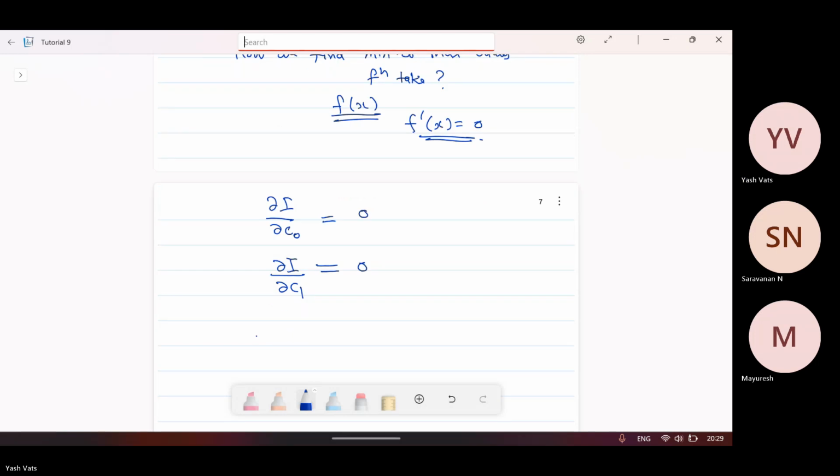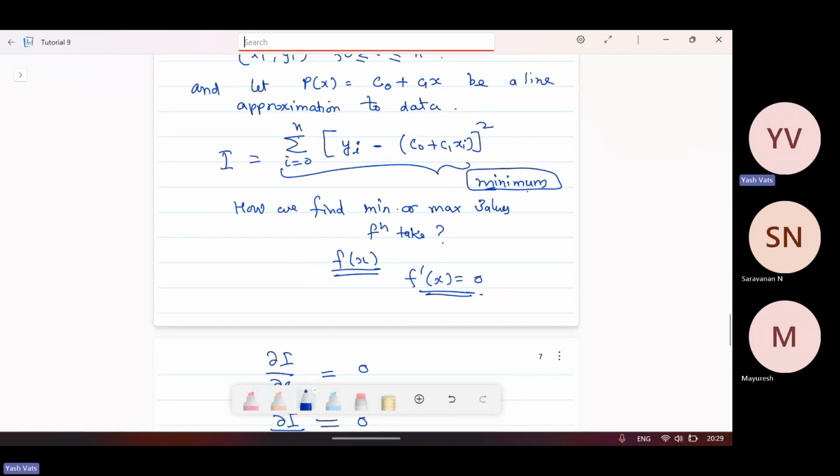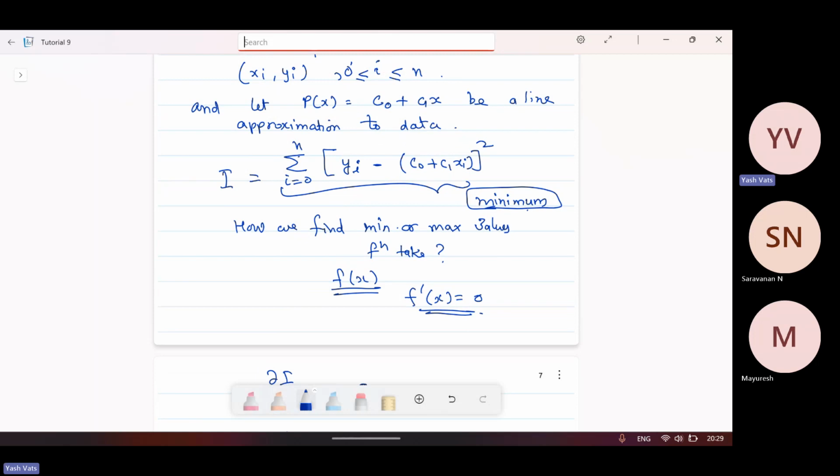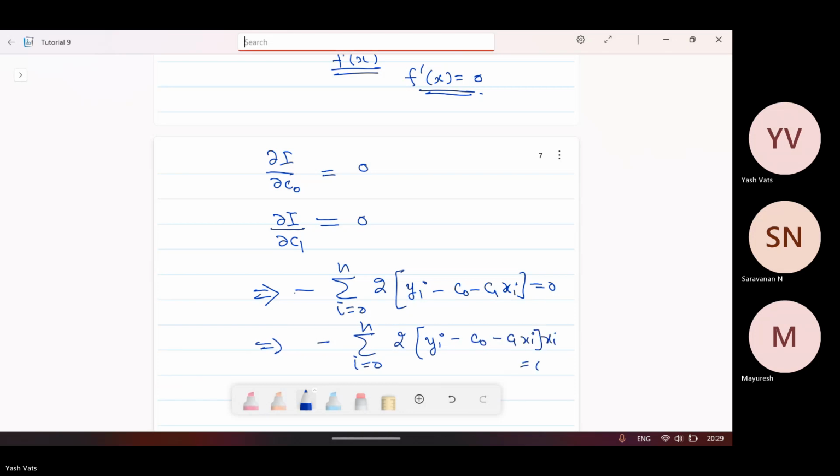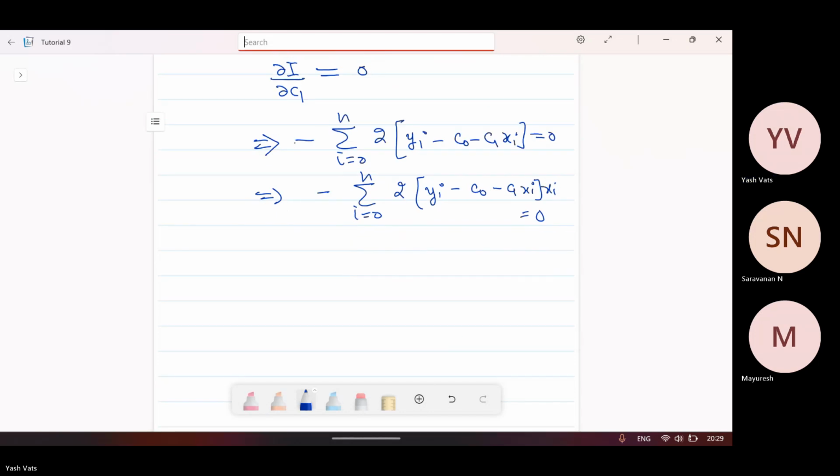So from these equations, what is the first derivative? From the first equation you get this thing. And from the second equation you get this.